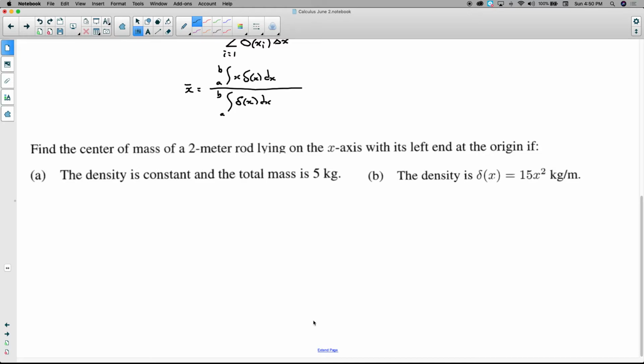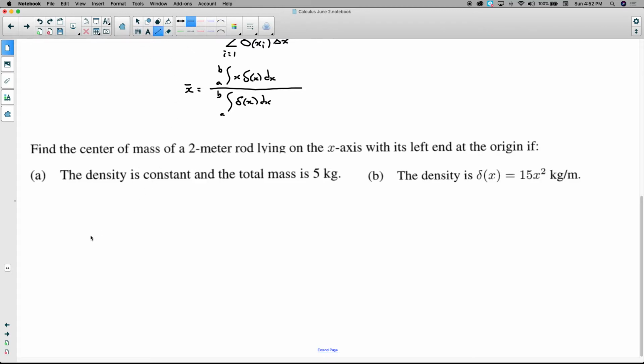Okay, so find the center of mass of a 2-meter rod lying on the x-axis with its left end at the origin if, and then I'll just do A here, the density is constant and the total mass is 5 kilograms. All right, so let's get a visual on this.